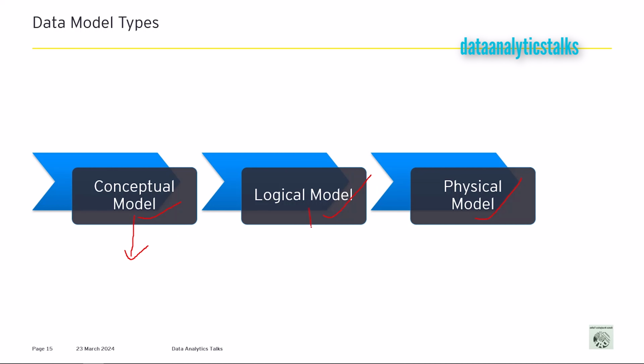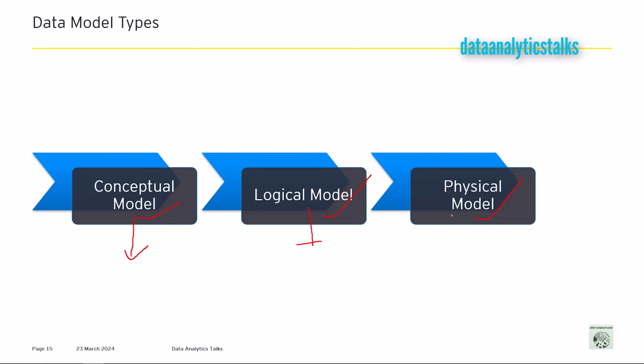Coming to the logical model, the logical data model defines the structure of the data elements and the set of relationships between them. So in the conceptual model, we have entities, attributes, and relationships, but in the logical model, it defines the structure of the data elements and sets the relationships between them.